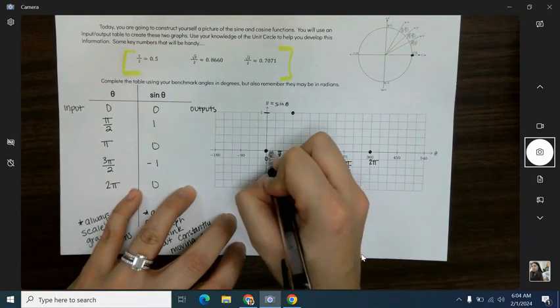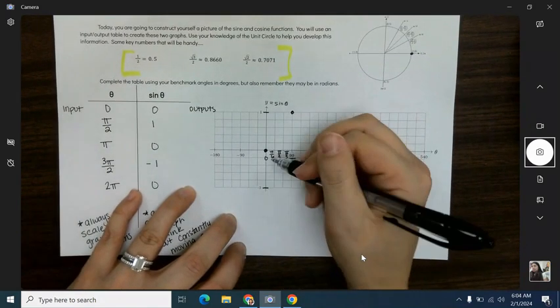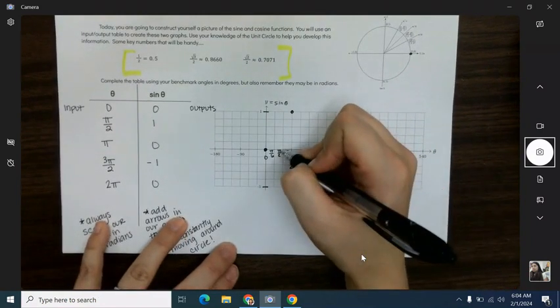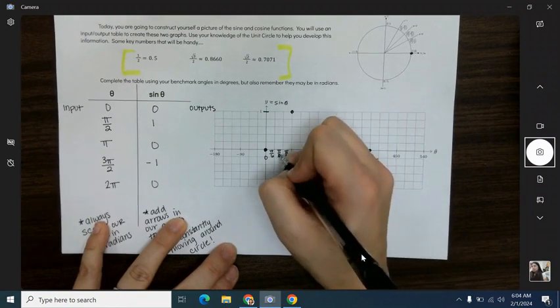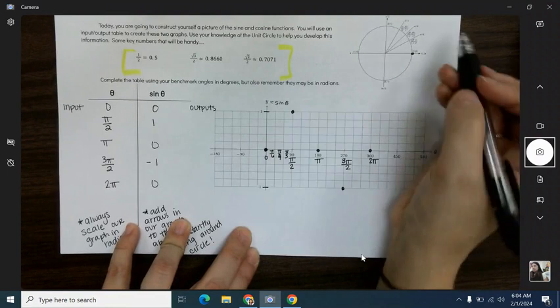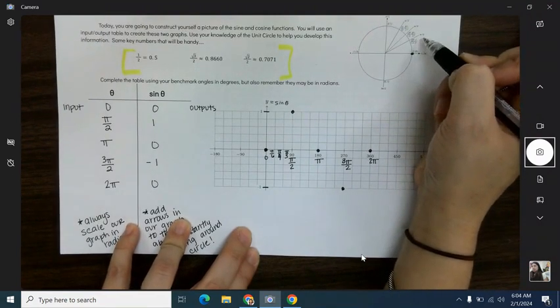Maybe pi over 6 would fall here and pi over 3. So if we were to approximate where those values would be, pi over 6, which is 30 degrees, had a sine value of 1/2.